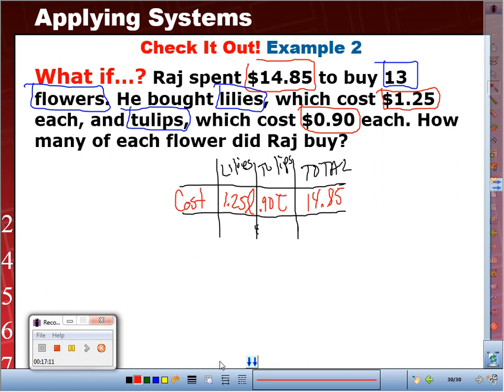I'm going to write it like that. So I'm done with the cost. Now I'm going with the items. So how many total items? 13. Do we know how many lilies? No. Do we know how many tulips? No.